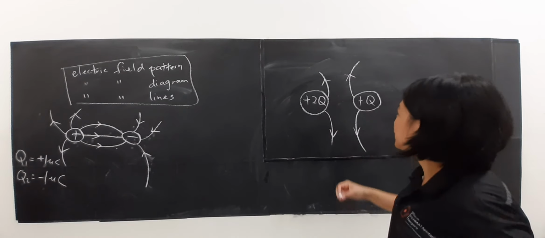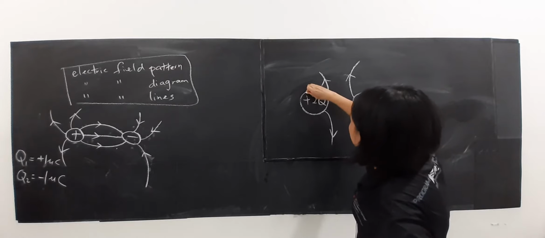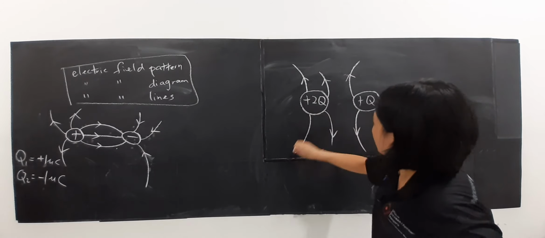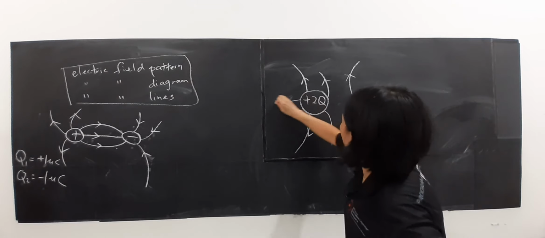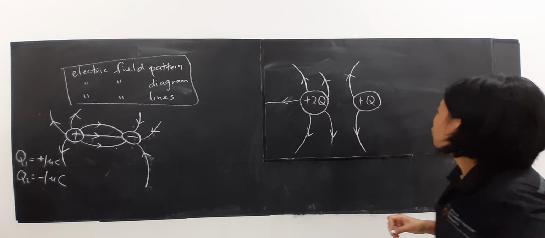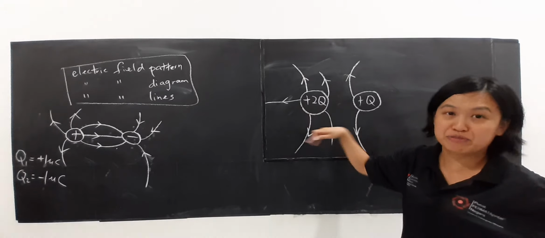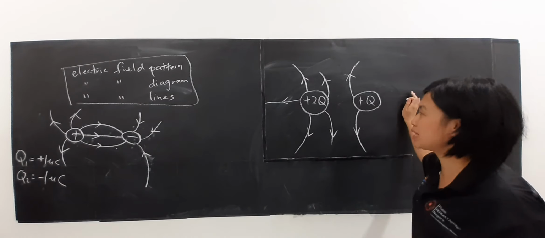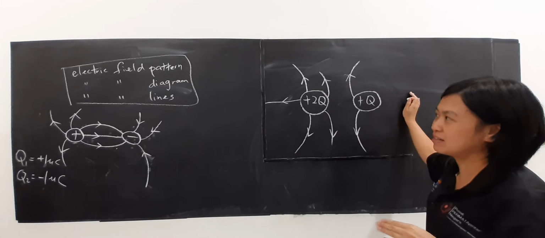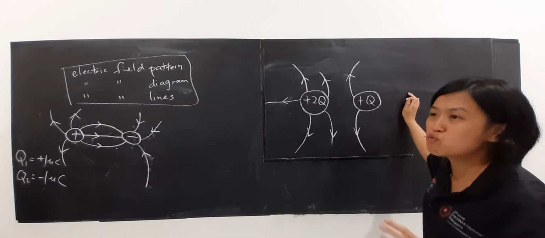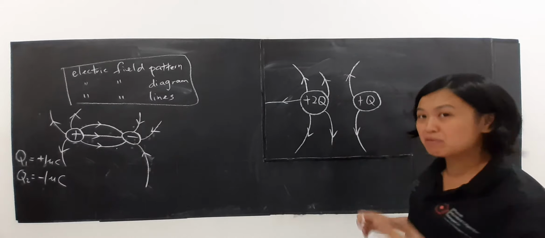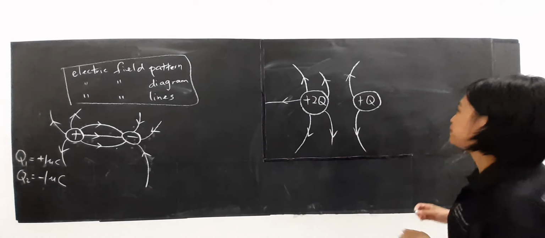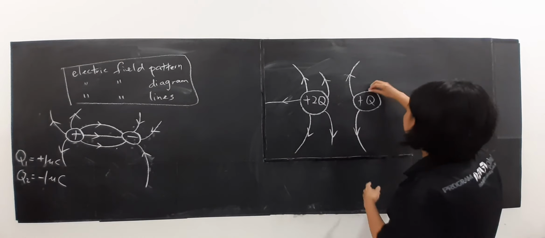So for example here, I draw five lines here. The minimum number of lines that doesn't look too weird, you can draw 4, but I prefer 5, for example here.